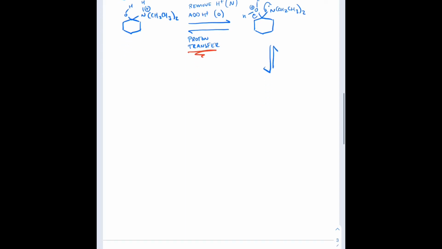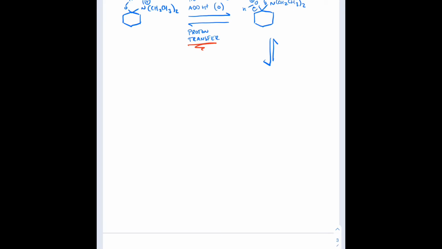So now that we have that water leaving group, we have the nitrogen lone pair come down, form that carbon-nitrogen pi bond, kicking the water out. Okay, and what this is going to form is a positively charged nitrogen, and this, we have seen this before, is an iminium ion. Since we do have a positive charge on that nitrogen, it's not going to be viewed as a stable product.